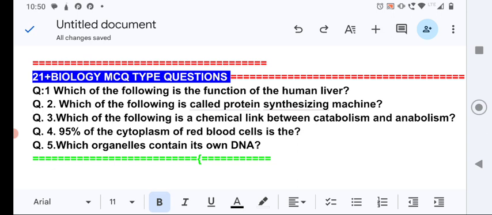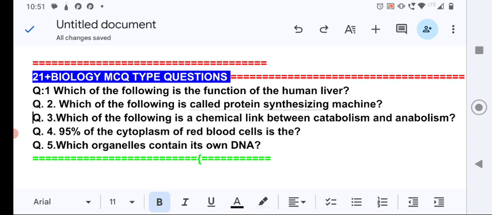Here we provide the pattern of the questions. Question number 1: which of the following is the function of the human liver? Question number 2: which of the following is called the protein synthesizing machine? Question number 3: which of the following is a chemical link between catabolism and anabolism?